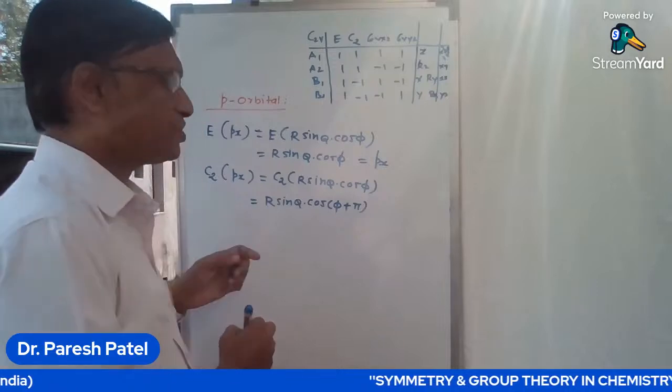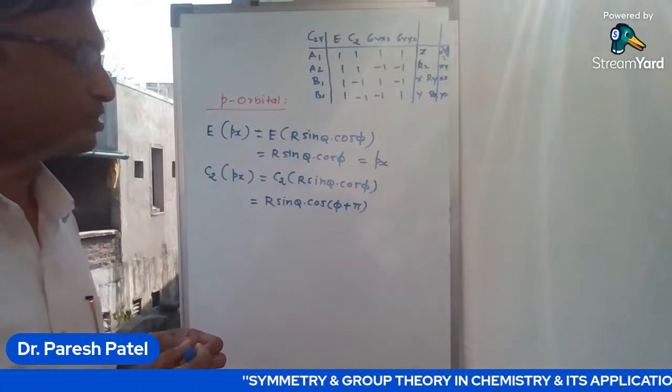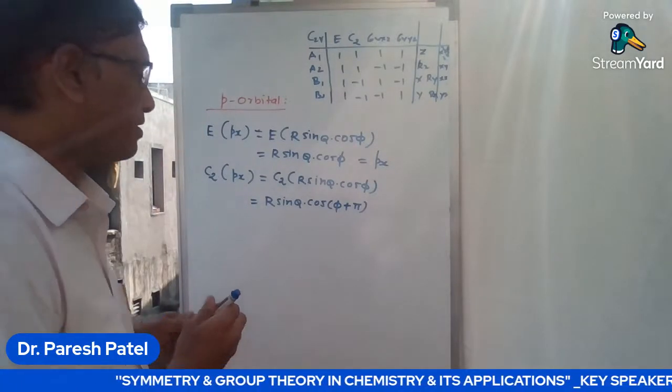In case of C2, we have to rotate the molecule by 180 degrees, which means pi.